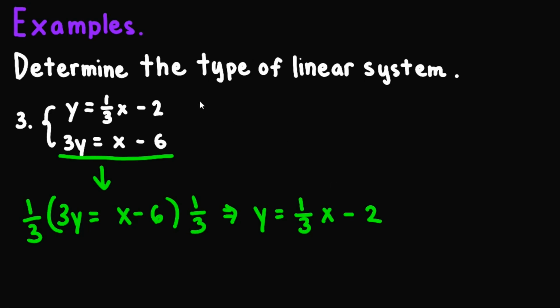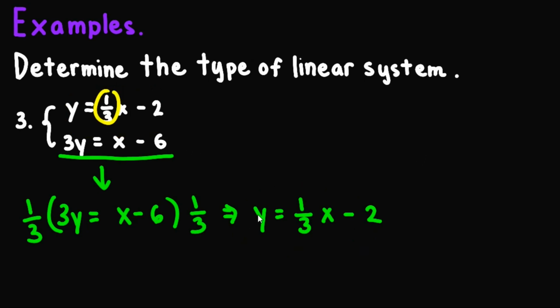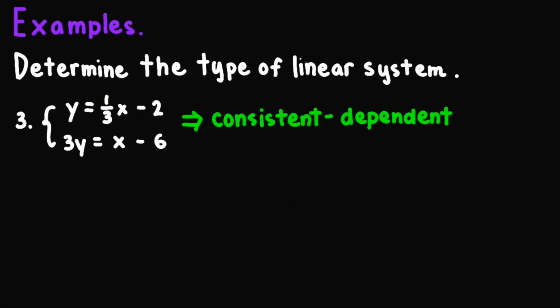And what can you observe? These two equations are actually the same, since they have the same slopes and the same y-intercept. So if that is the case, we know that this linear system is consistent dependent.